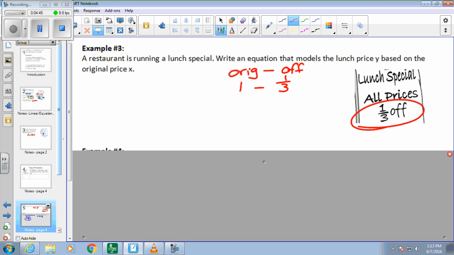Well, 1 minus 1/3 will give me 2/3, which is the price that I'm actually going to pay. I'm going to pay 2/3 of the original price. So using y equals mx, my constant of proportionality that I will always pay is the 2/3 the price, so I will substitute 2/3 in place of the m and get y equals 2/3 x.